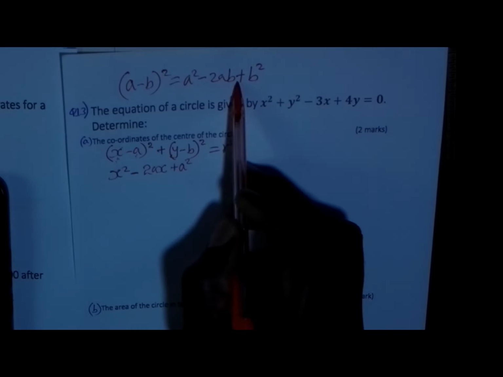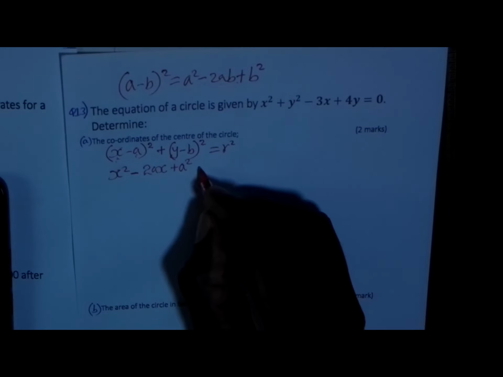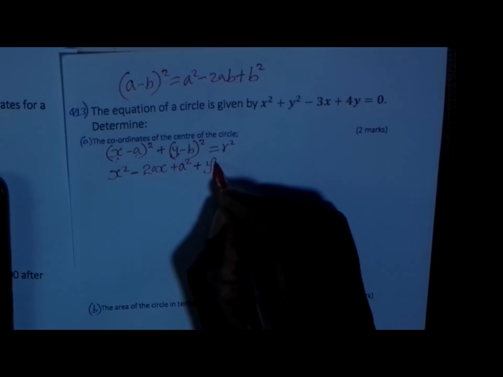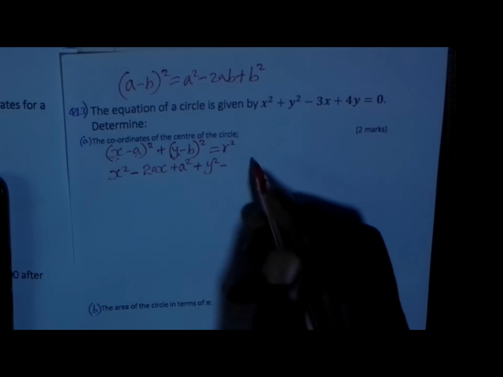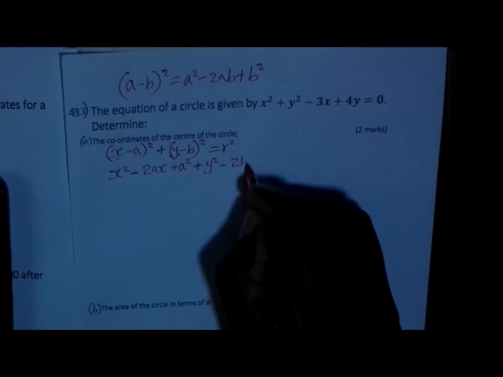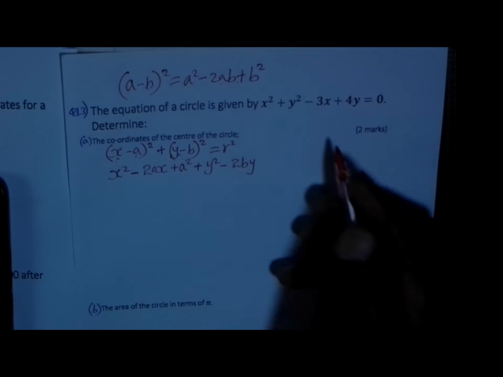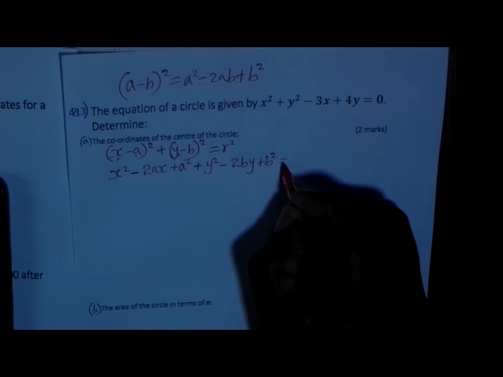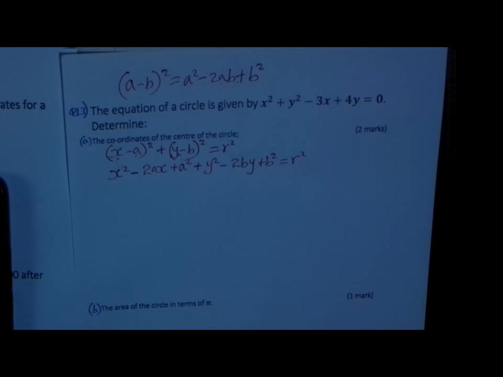Then the next one will be y squared minus 2by plus b squared is equal to r squared.